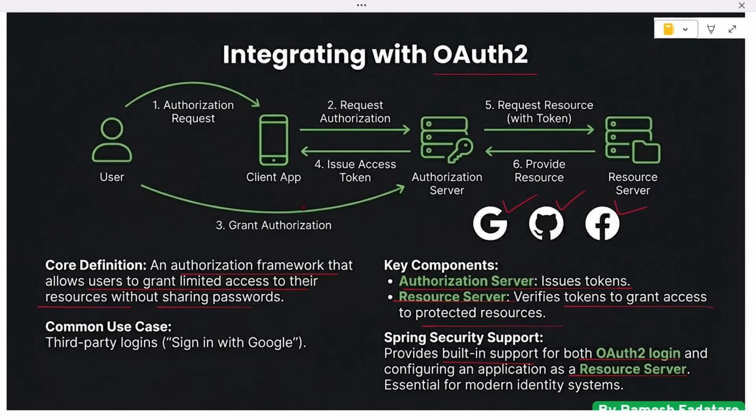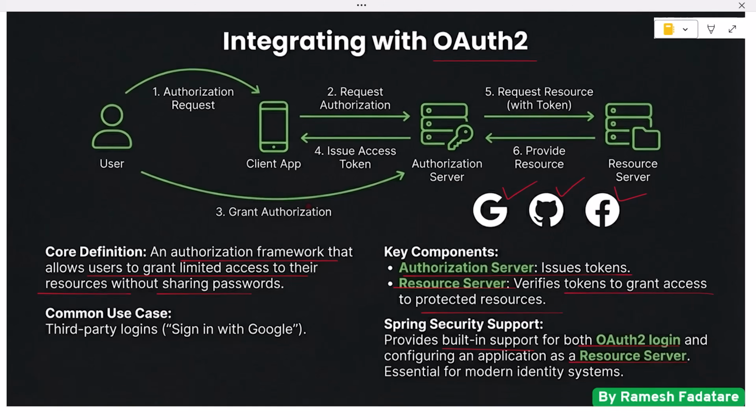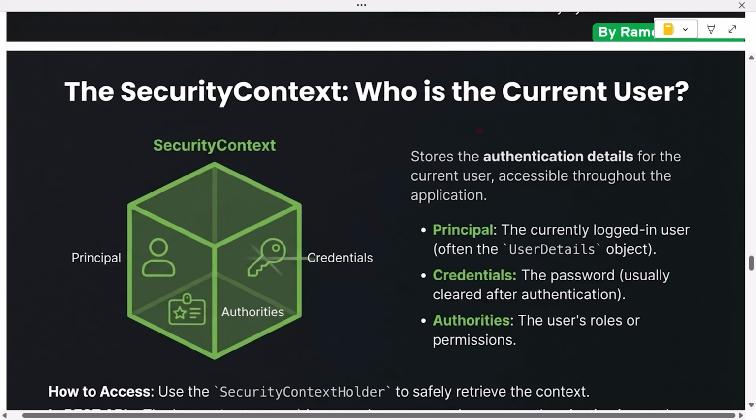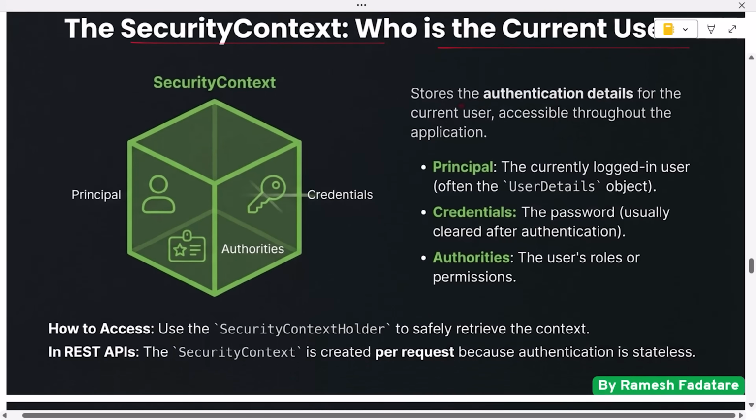Next question, what is security context and why is it important? Security context stores authentication details for the current user and is accessible throughout the application. It contains the principal, credentials, and authorities. Spring Security automatically populates the security context during authentication.